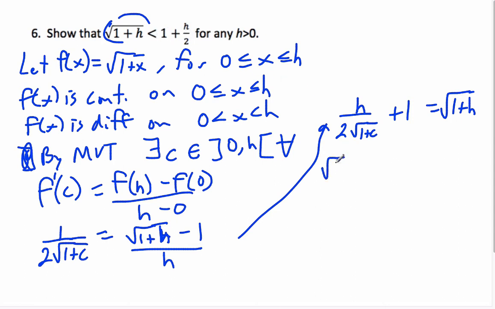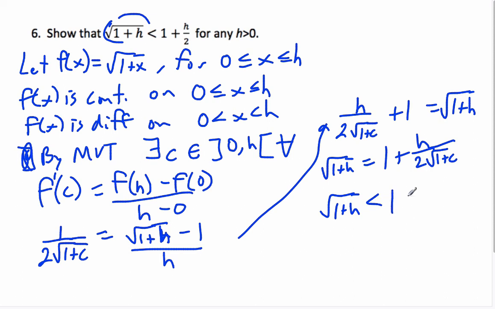Let me just rewrite this in this order. Okay, so notice that c is greater than 0. So this denominator is going to be bigger than 2. So this whole quantity is going to be less than h over 2. So we have root 1 plus h is less than 1 plus h over 2.